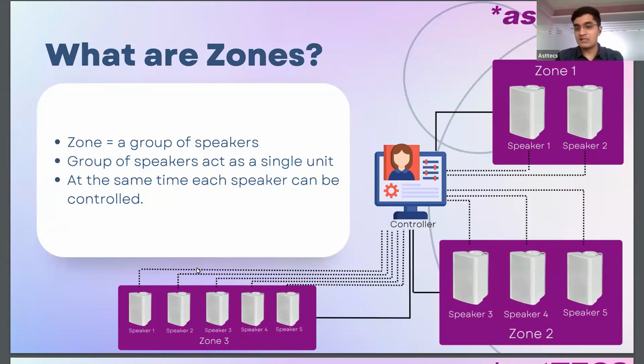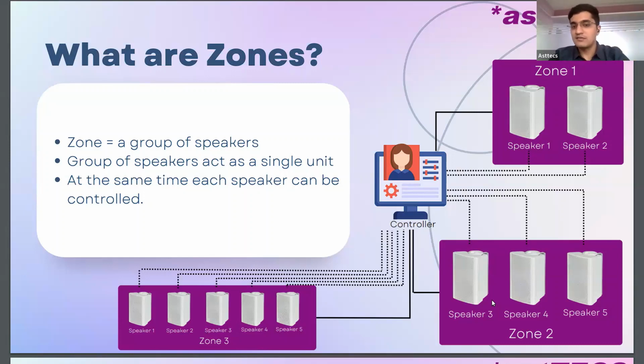But there are two main factors. Firstly, you cannot have individual control over any of those 10 speakers. Your amplifier acts as your control unit. Secondly, in the same diagram that we have mentioned here, if you see, zone 3 has all the speakers that are configured in zone 2 and zone 1.